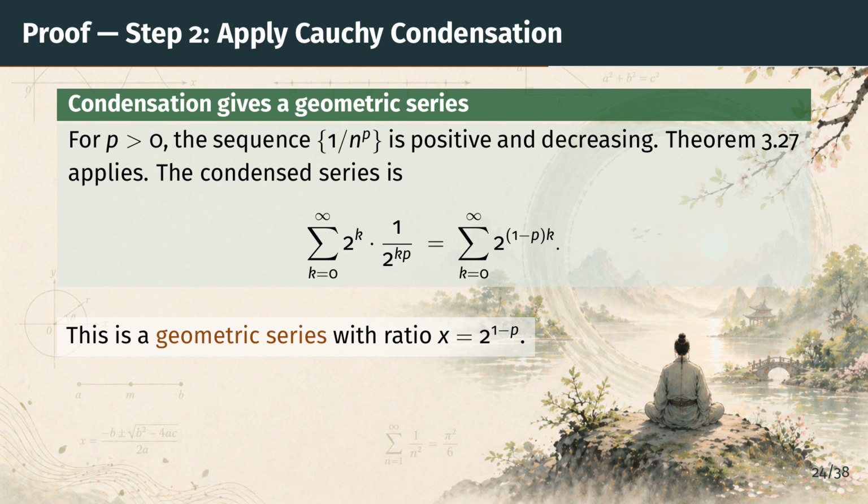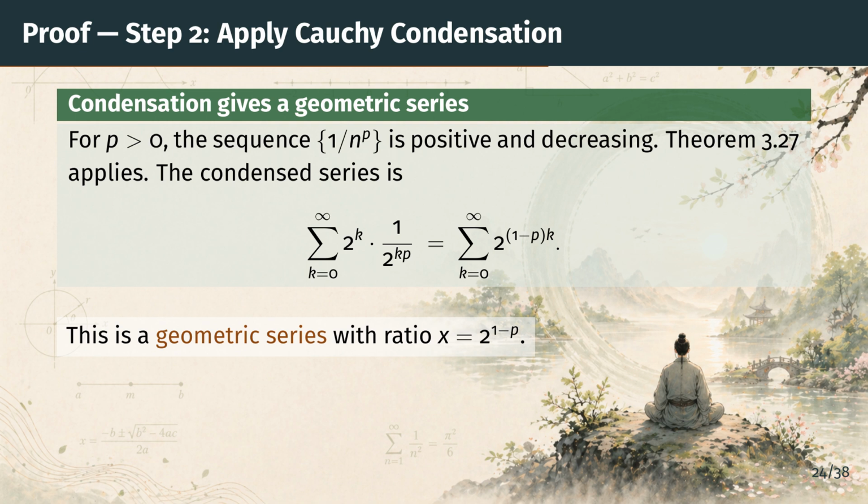Step 2. For p positive, the terms 1 over n to the p are positive and decreasing, so Cauchy's condensation test applies. Plug a sub 2 to the k equals 1 over 2 to the kp into the condensed sum on the slide.